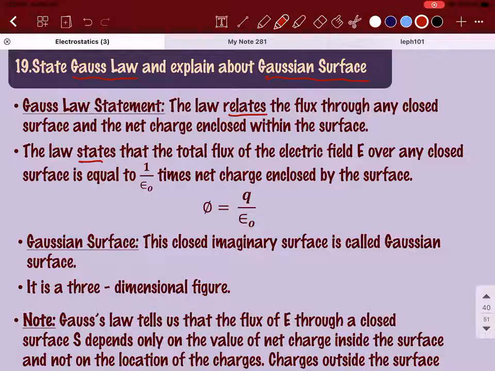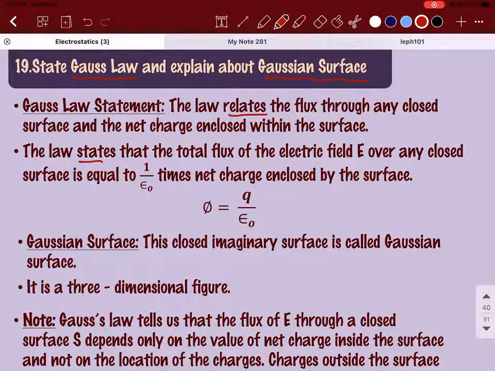I'm not exactly telling the same thing, so listen to me and write. 1 by epsilon naught times the total charge enclosed by the surface.